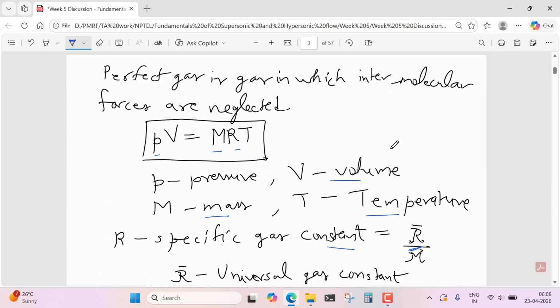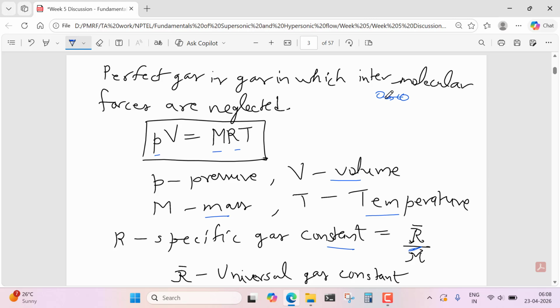We'll see what is the perfect gas. A perfect gas is a gas in which intermolecular forces are neglected. Generally, between two molecules of the gas there is some intermolecular force, but for the perfect gas we neglect all these forces.